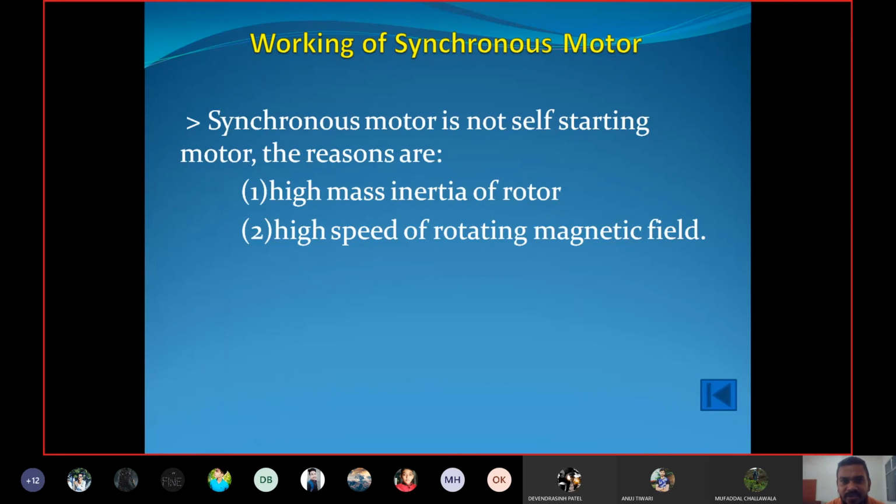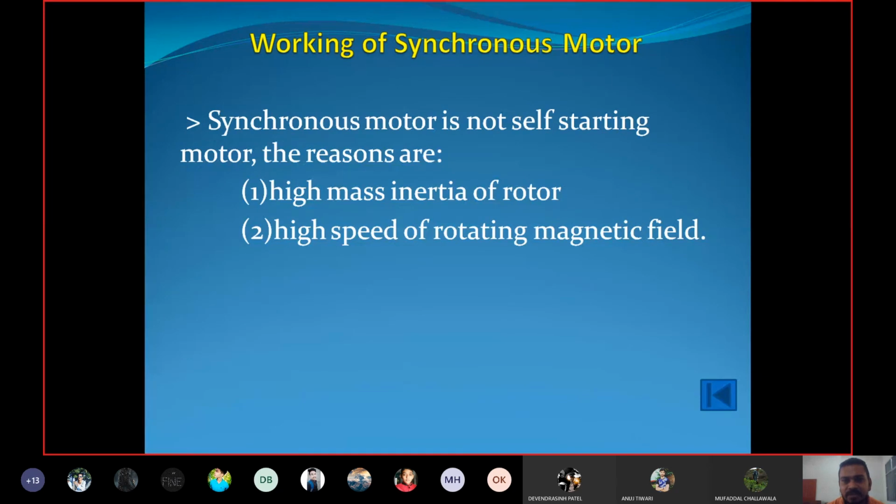What is the reason? The reason is the high mass inertia of the rotor and the high speed of the rotating magnetic field. Due to these, the rotor is not capable of rotating in the direction of the rotating magnetic field.